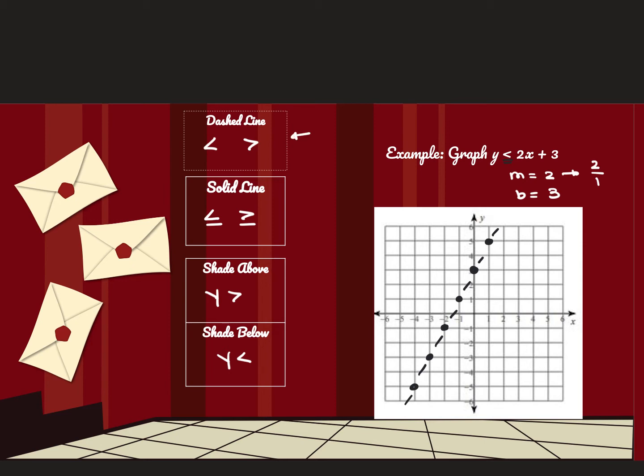All right, so this dashed line is very similar to an open circle. So when we have an open circle, that number at the open circle is not included. When we have a solid line, the numbers or the coordinate points on the line are included.